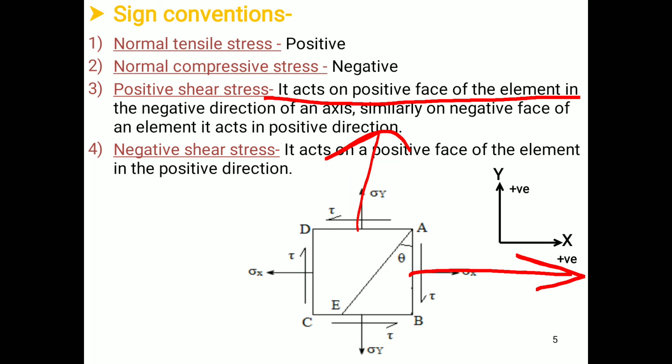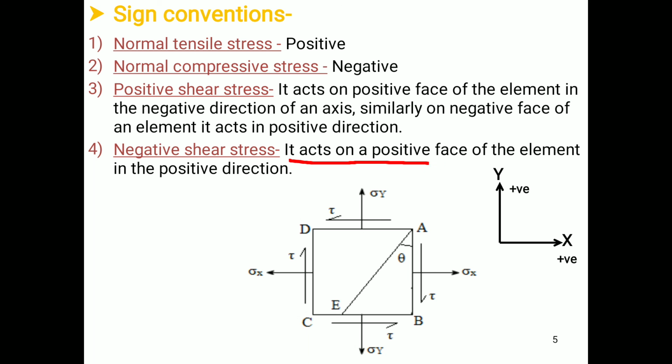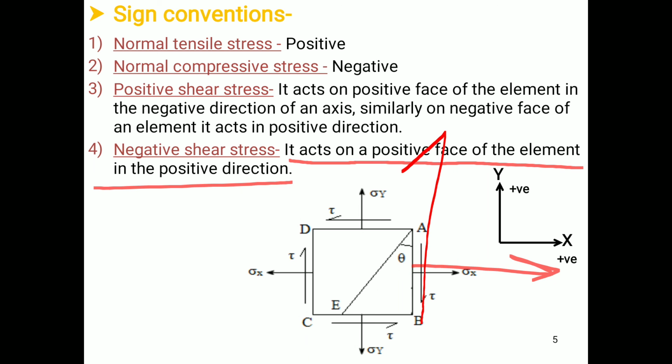What is negative shear stress? In case of negative shear stress, it acts on a positive face of the element in the positive direction. Positive face and positive direction. Suppose this is the positive face, and it acts in the positive direction, along this direction, then it will be considered as a negative shear stress.